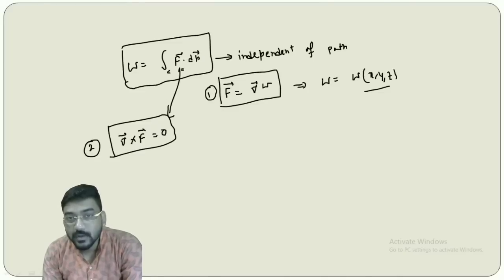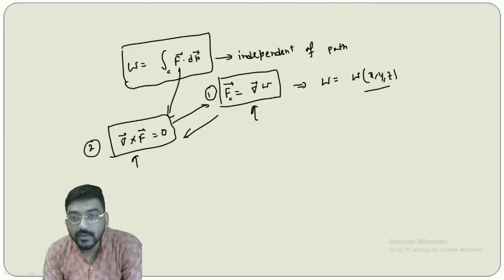So to check whether F is conservative or not, instead of checking independence of path, we can check whether the curl of this function is 0, or whether F obeys the rule F is equal to gradient of W. This can be proved. If curl of F is equal to 0, then F is equal to gradient of W, and vice versa. If we assume F is equal to gradient of W, then we can prove curl of F is equal to 0.